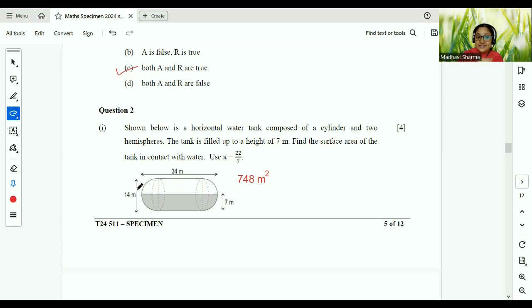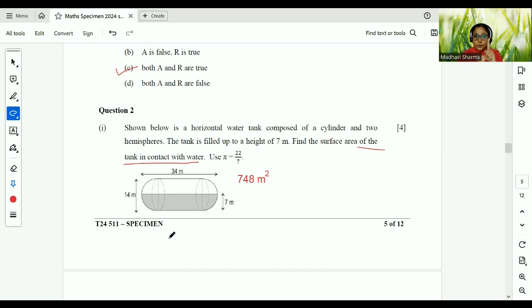The radius is 7 because the diameter is 14. Find the surface area of the tank in contact with water. So it is half the surface area of the cylinder and half of the sphere, that is a hemisphere actually.